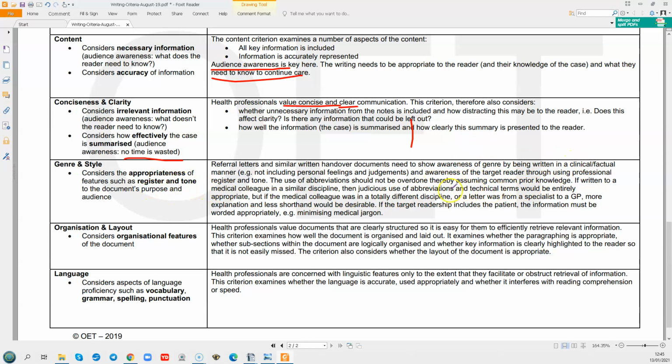What's it say about here? So, medical colleague, totally different discipline. Okay, explanation, minimizing the jargon because it's not like a nurse, it's like a manager. Okay, so let's get back.